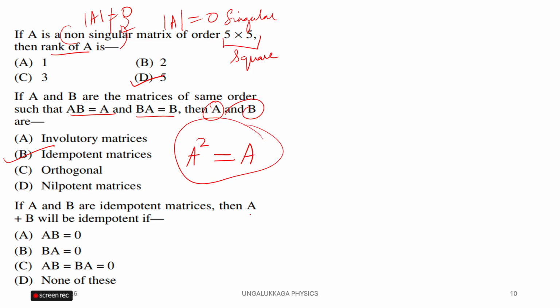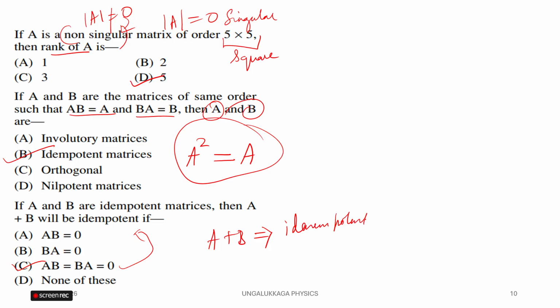Then A plus B will be idempotent if AB equals 0 and BA equals 0; only then will it be satisfied. A plus B is not necessarily idempotent.